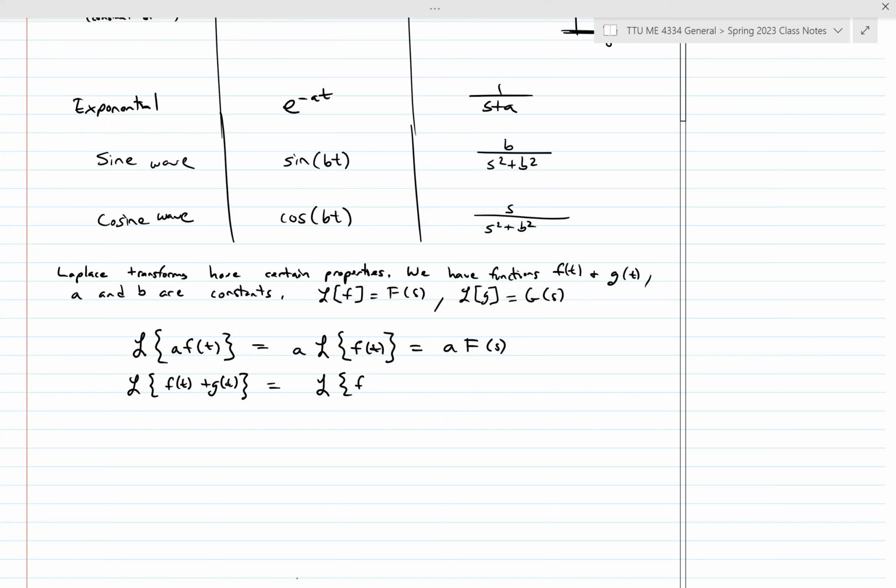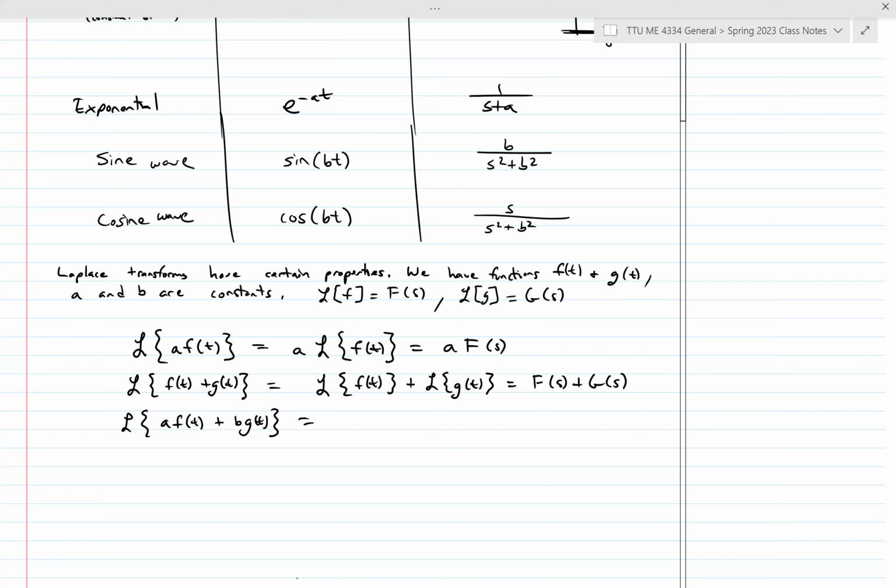Laplace transform of f of t plus the Laplace transform of g of t, or F of s plus G of s. Right? And then if we want to combine these two cases, just as another example, we have a f of t plus b g of t. We can go through and separate these.